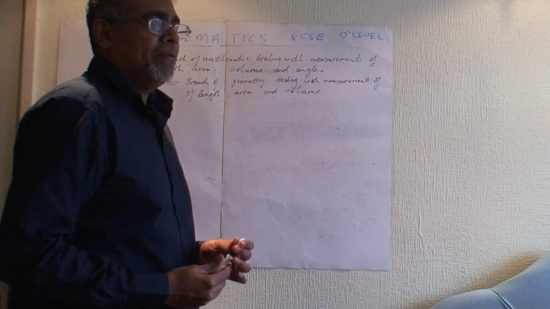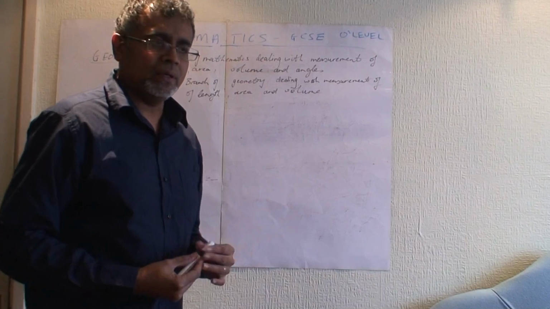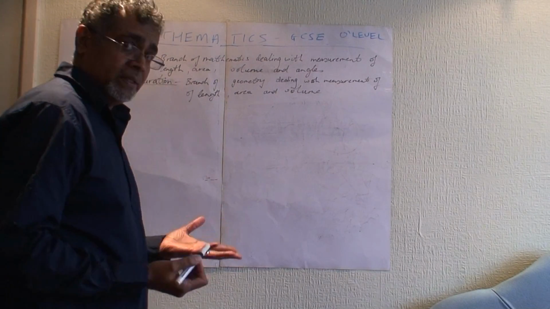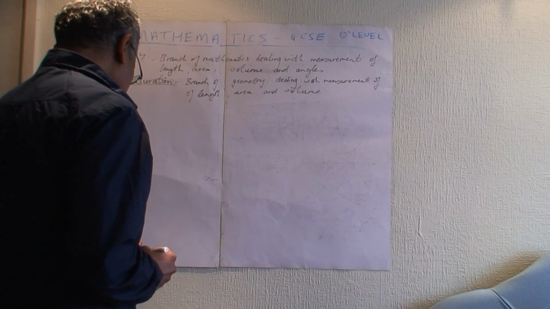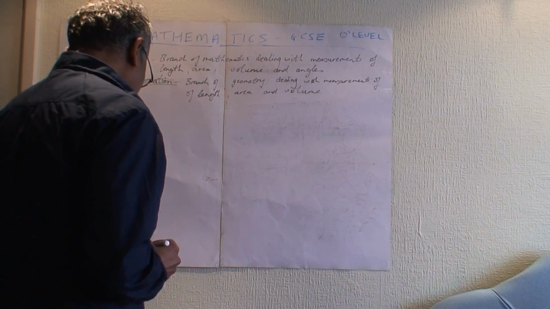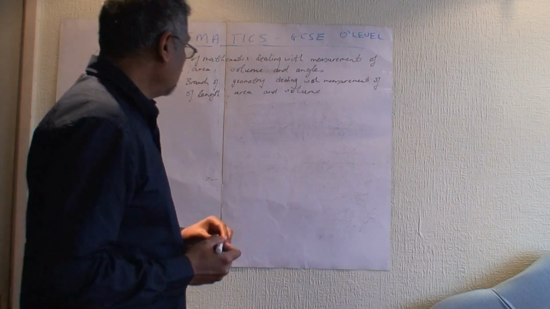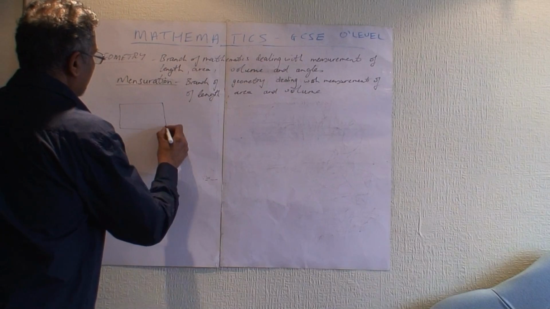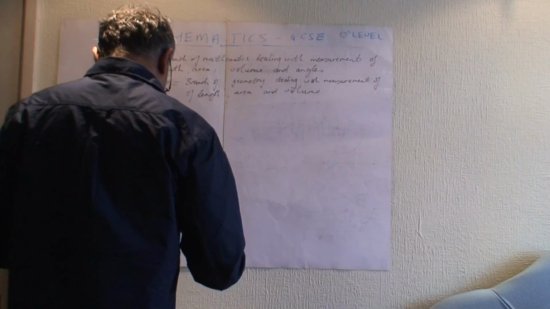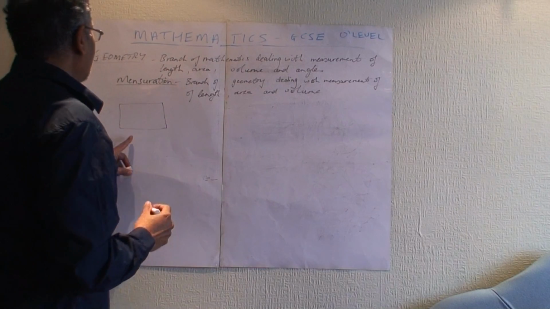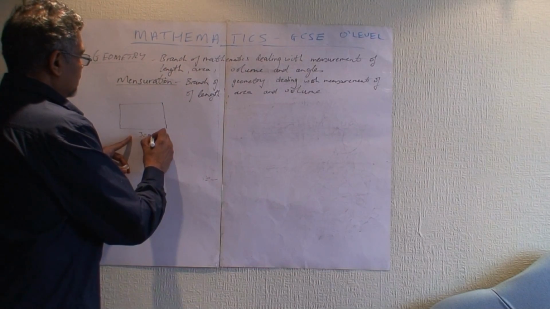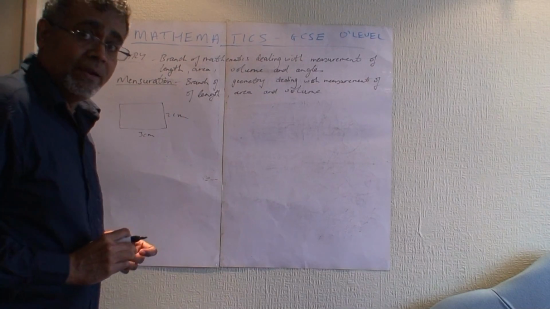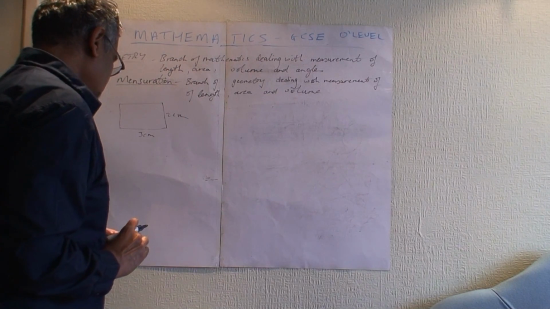We're going to look at area, the area of different shapes and the formulas for finding these different areas. So we're going to look at a rectangle. Let's say this is 3 centimeters and that is 2 centimeters. How do you find the area of that?